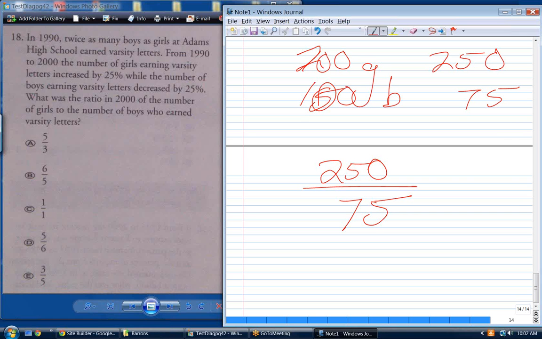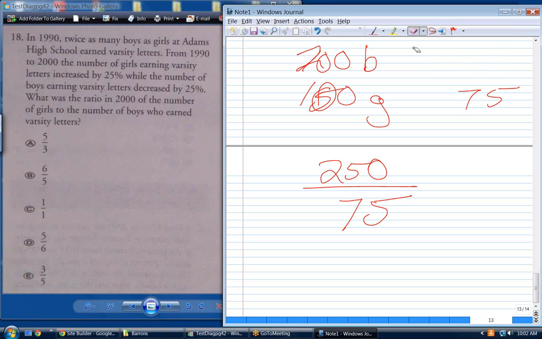Okay, their answer. A nice way to answer it is to pick numbers. Assume that there are 200 boys and 100 girls. So that's where we went wrong. Twice as many boys as girls. So the boys are up here, the girls are down there.